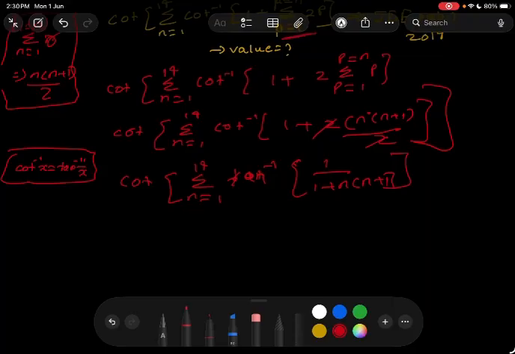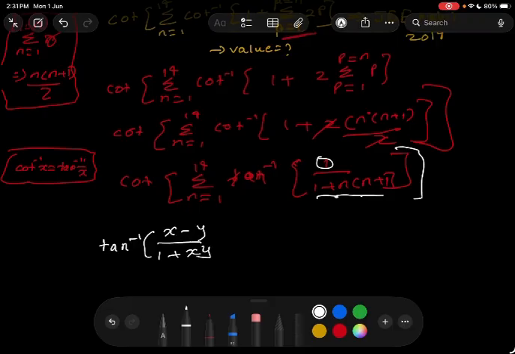So let's see how we can do that. Here we have this, here we have 1. We want this term over there, and we want it in such a way that tan inverse should be x minus y by 1 plus xy, which will allow us to do tan inverse of x minus tan inverse of y.